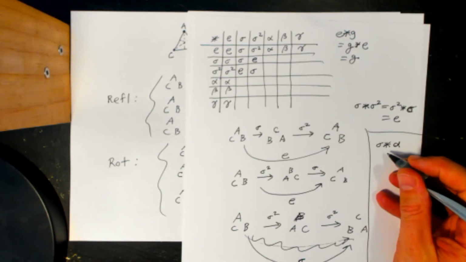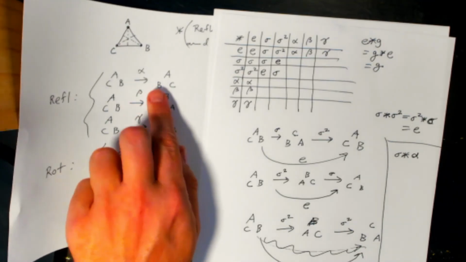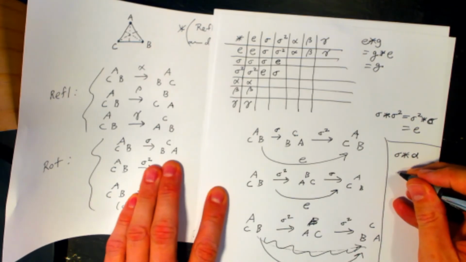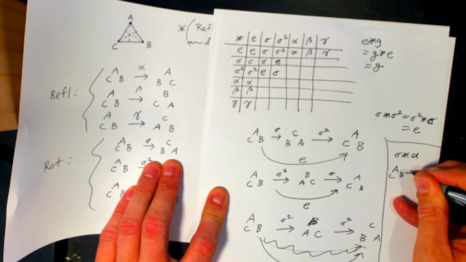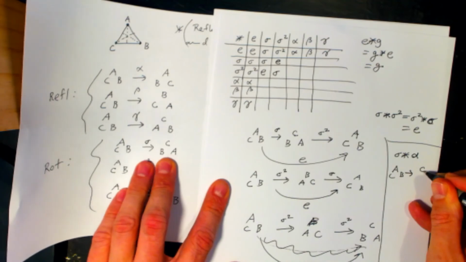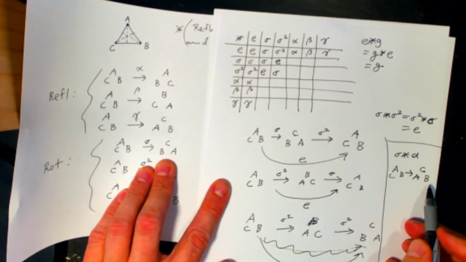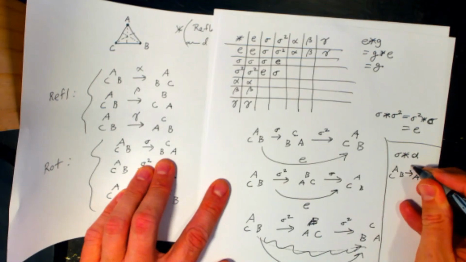So if I first did sigma followed by alpha, which is a reflection about that vertical axis, then I would be sending A, B, C to C, B, A. Now let's look for what C, B, A is. That's gamma.